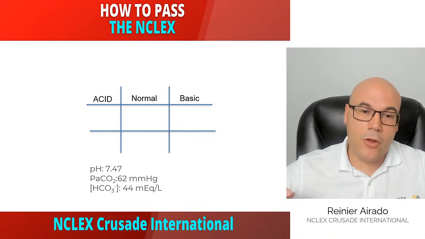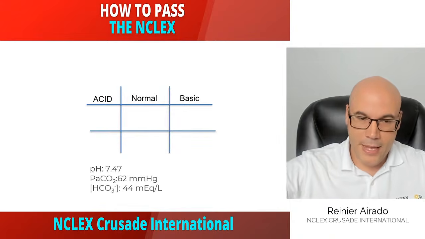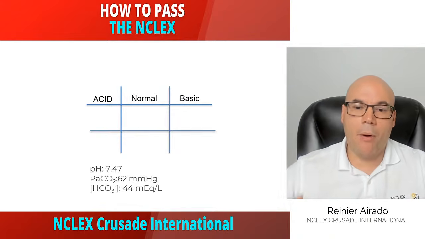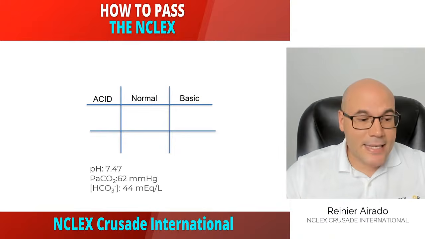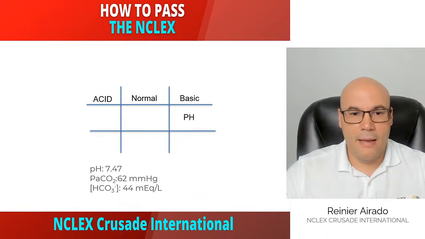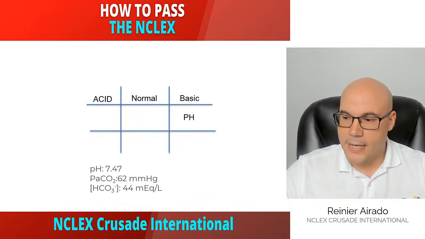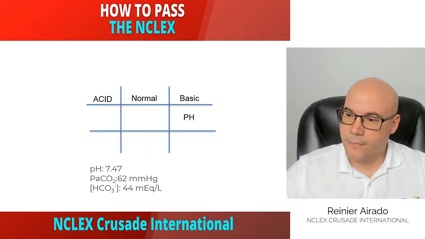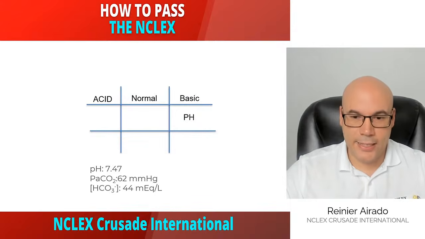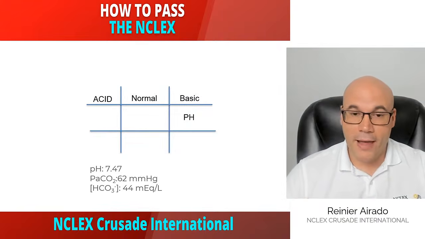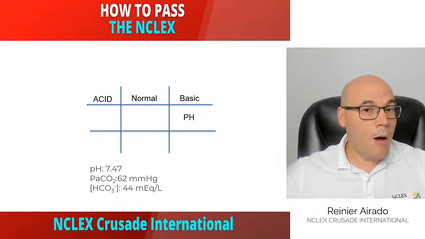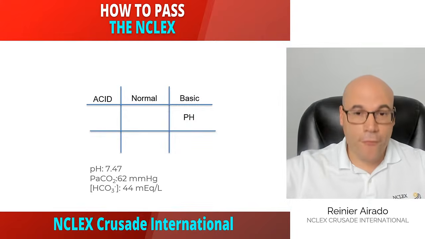So in this scenario, the pH is higher than normal, above 7.45. So the pH in this scenario is going to be basic. Now let's look at the CO2. The CO2 is 62. Remember the normal range, 35 to 45. Now we have too much CO2 above 45.